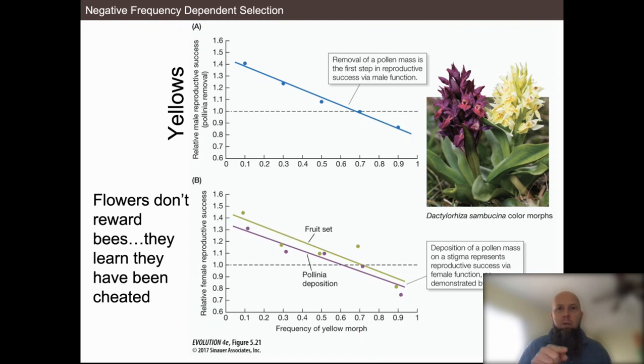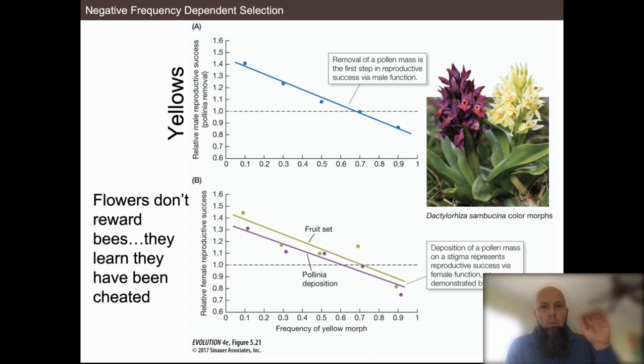You can see that as the frequency of the yellow plants increases, the proportion of their pollen that is removed is decreased. That's the first step in reproduction.